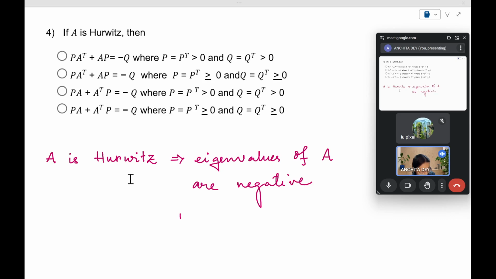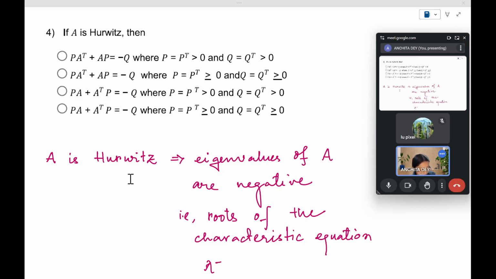That is, you can say that the roots of the characteristic equation obtained with lambda I minus A, and then you take its determinant and equate it to 0, would turn out to be negative.